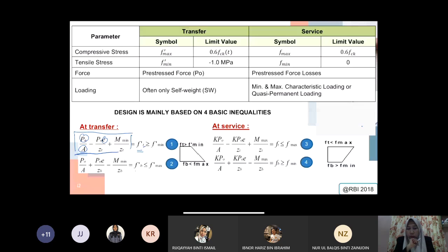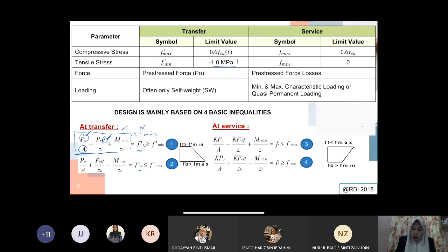Before you know all the parameters, you don't know what is your pre-stress force and you don't know what is your eccentricity. So in order to know your pre-stress force and eccentricity, you equate your equation with the minimum.